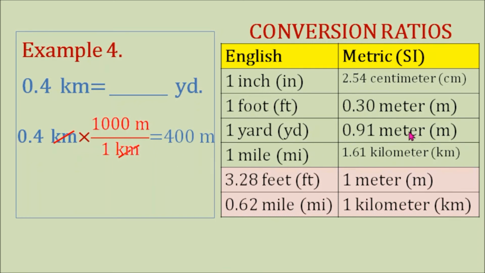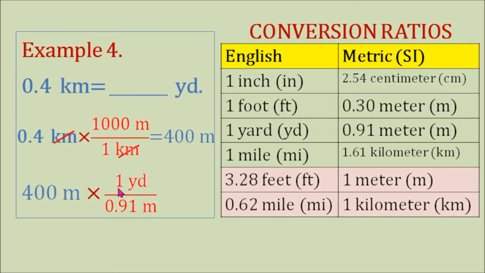Now we are on meter, so from meter to yard, we will copy down 400 meters, then multiply it again by a conversion ratio. So 0.91 meter equals 1 yard. So we need a fraction that shows meter on the denominator, so we can cancel out the meter.